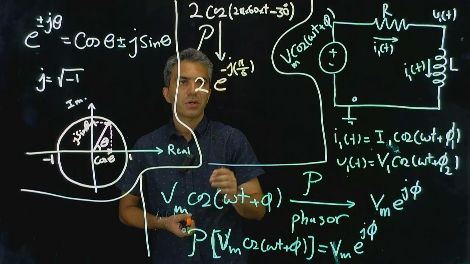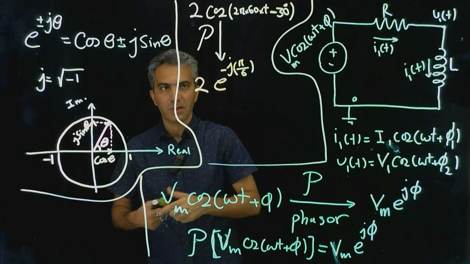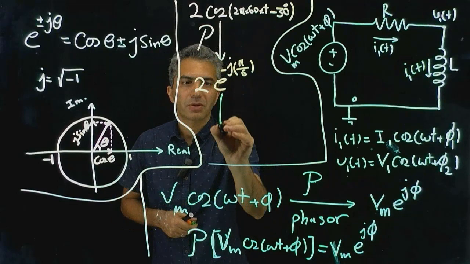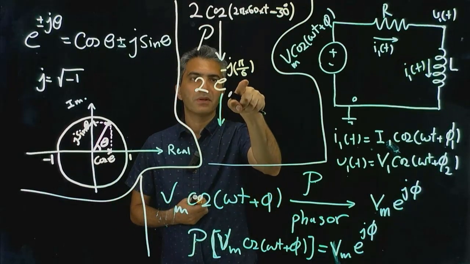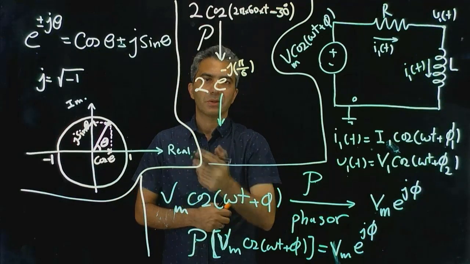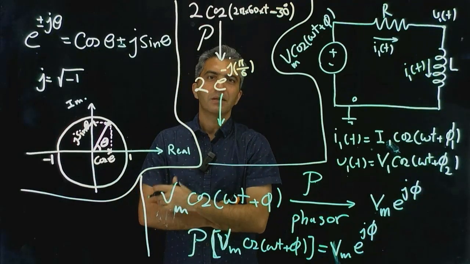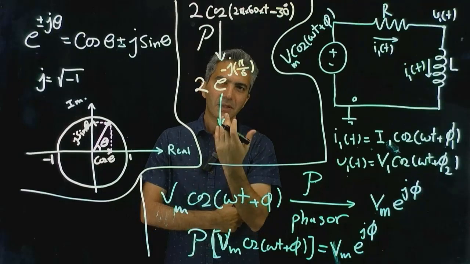Now, let's imagine that I was given this phasor and I wanted to do the reverse. If that was the case, I would have to be given the frequency of this signal, because as you can see, in the phasor domain there is no information about the frequency or time.